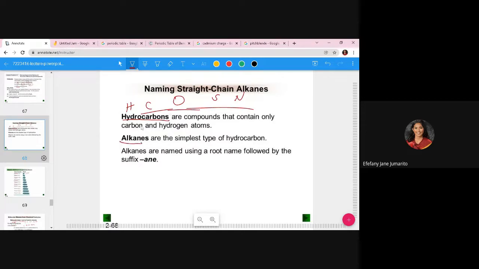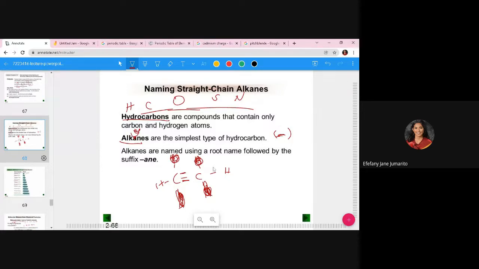Okay, we also have alkanes. Simplest type of hydrocarbon. So when we say alkanes, single bond ra siya. Single bond like C, okay, ethane, H. So single bond, this is an alkane. But if double bond na siya, mahimo na siya alkene. But if triple bond, mahimo na siyang alkyne.